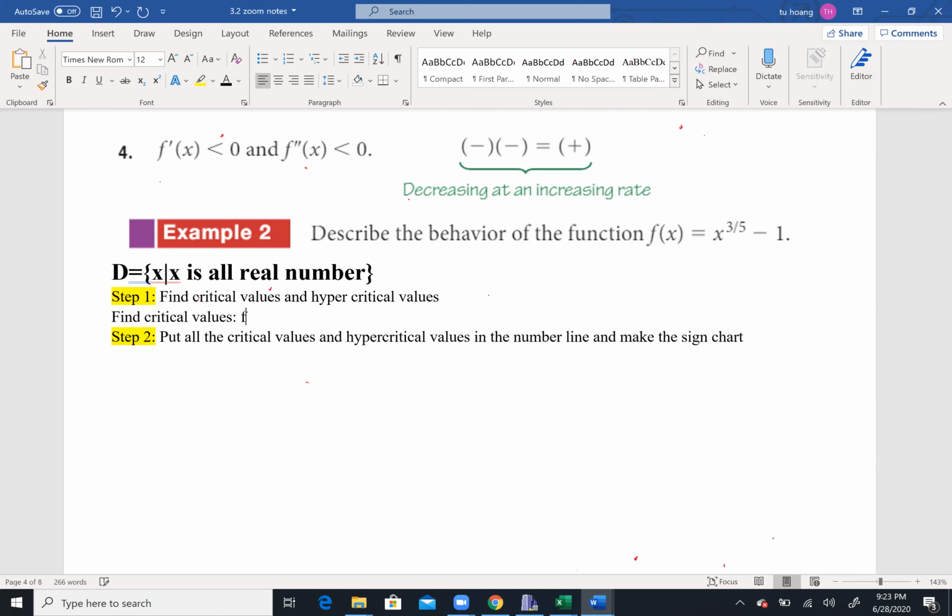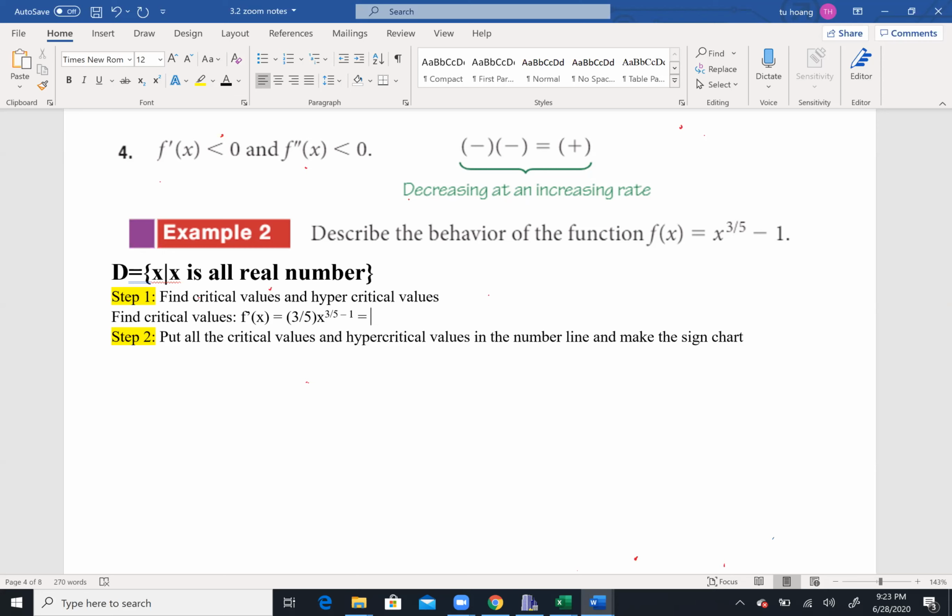For the derivative of f of x, what is that equal to? You put down 3/5, and then you have x to the power 3/5 minus 1, and then minus 0, but you don't need to write that down.